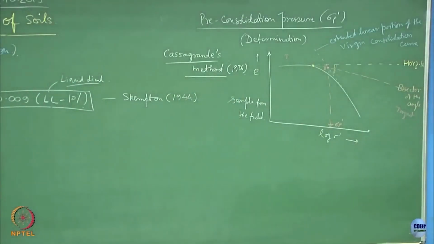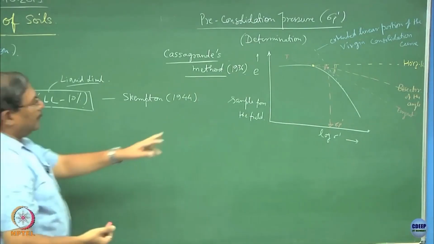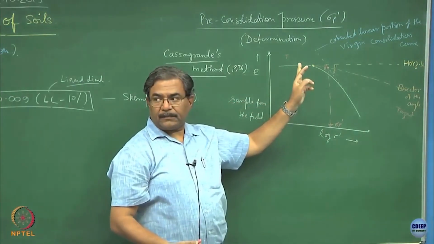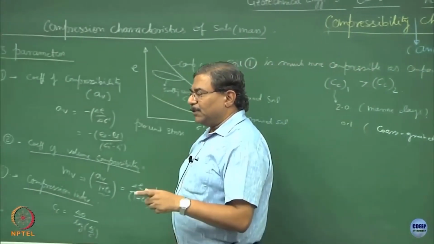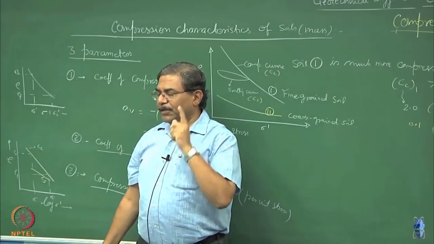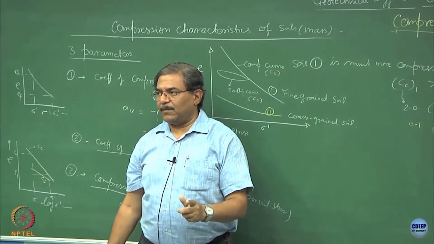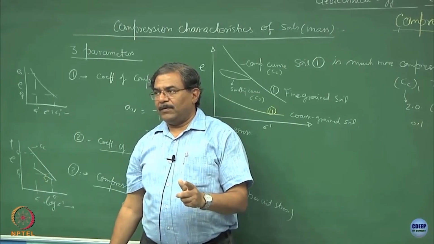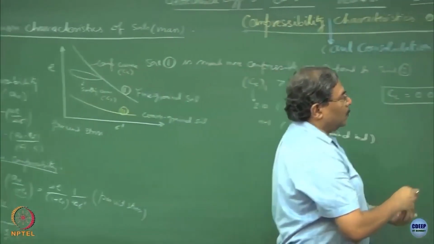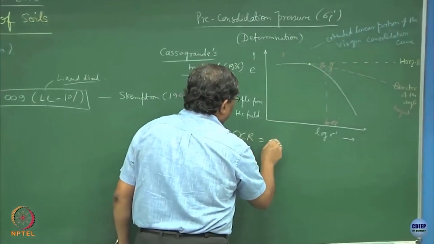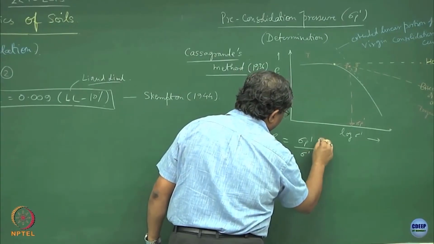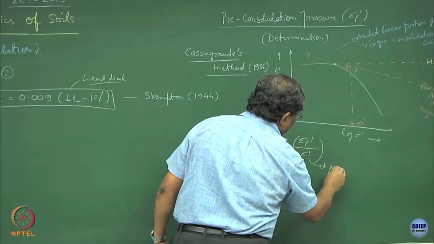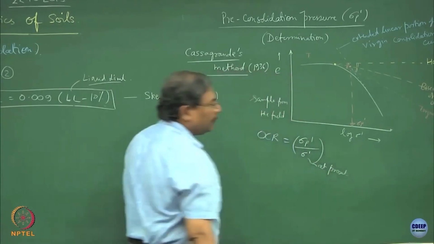So, what we have done is we have got the pre-consolidation pressure, and hence we can redefine the OC-NC behavior, alright. OCR is the ratio of pre-consolidation pressure divided by the pressure acting on the system at present, fine.